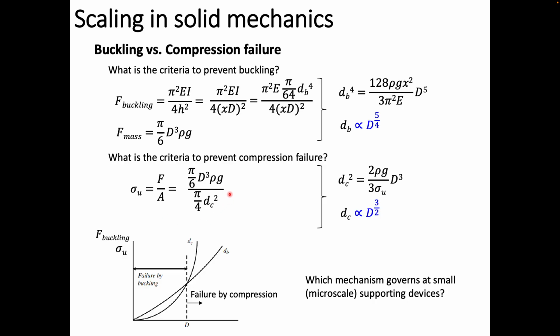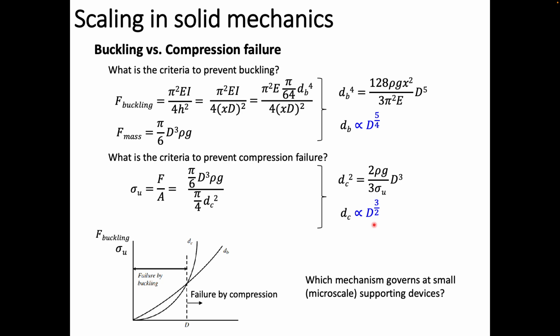Once you do that, you obtain this, and then you evaluate the rod diameter for ultimate stress failure. So then we have D to the power of a third, and the small d squared, and that is essentially large D to the power of 3 over 2.